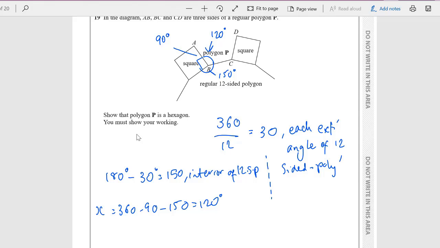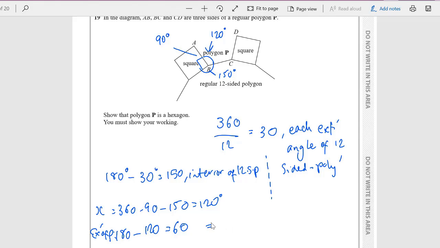So the interior angle of P is 120. And the exterior angle of P is 180 minus 120. So that means that the exterior is going to be 60.